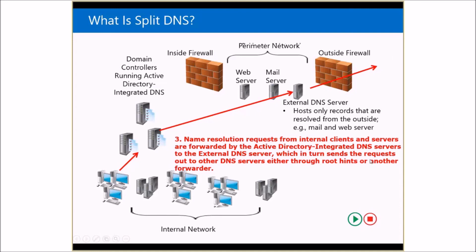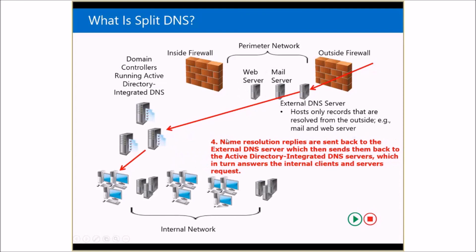Okay, name resolution requests from internal clients and servers are forwarded by the Active Directory integrated DNS to the external DNS, which then in turn sends the request to other DNS servers or through the root hints. And when the query information comes back, it will go to the external DNS server, which then returns it to the internal Active Directory integrated DNS server, which then returns it to the clients.